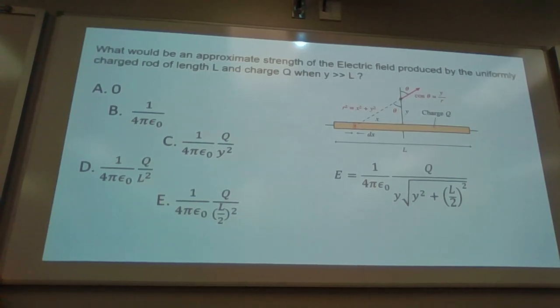Correct answer is C. Okay. You don't want to make y go to infinity. You make L go to 0, and essentially it just becomes a point charge. Good with that?